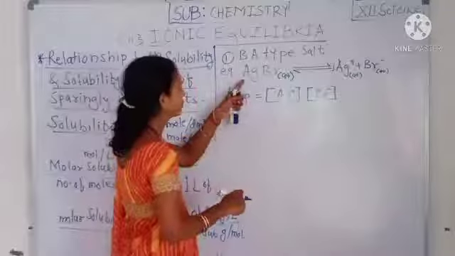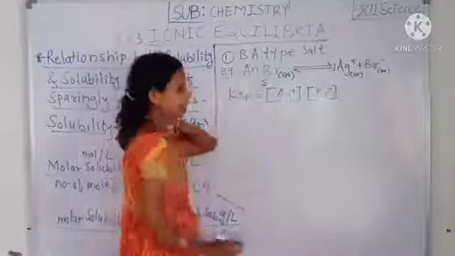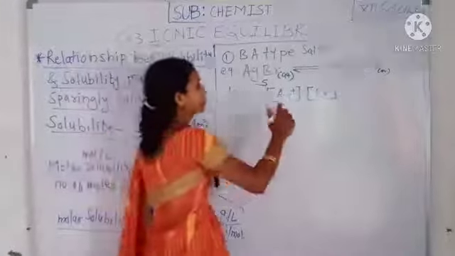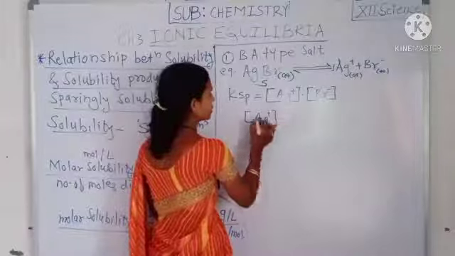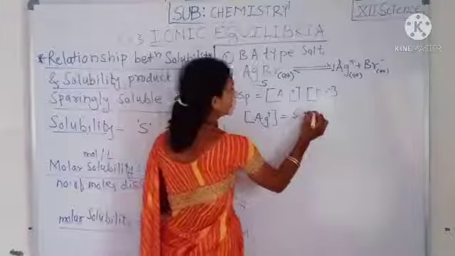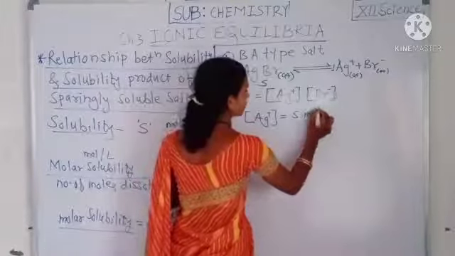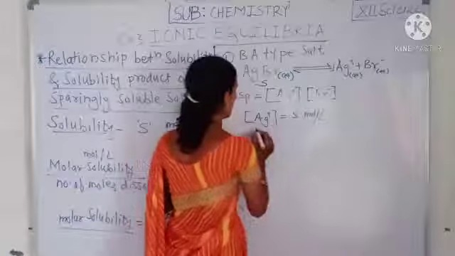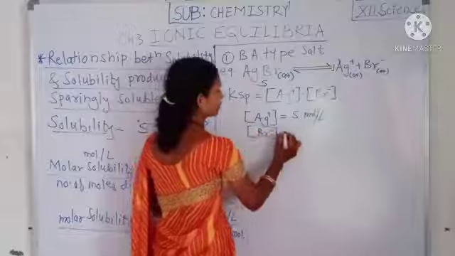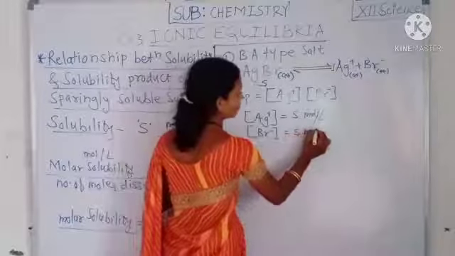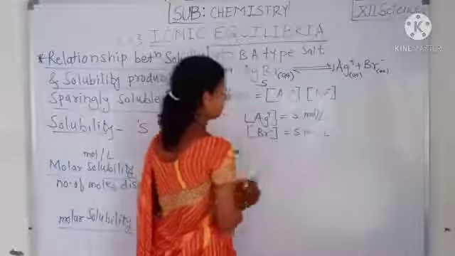Similarly, if the solubility of AgBr is S mole per liter, then the concentration of Ag+ is S mole per liter, and the concentration of Br- is S mole per liter.